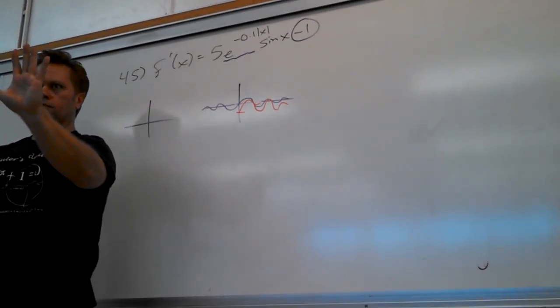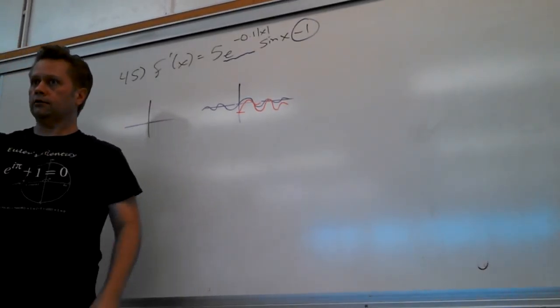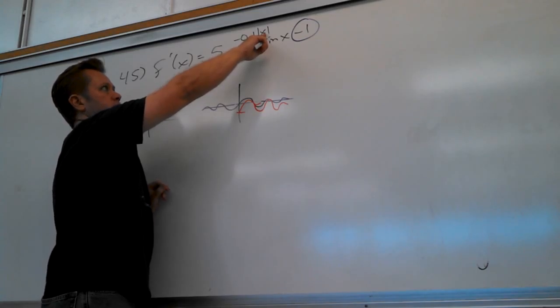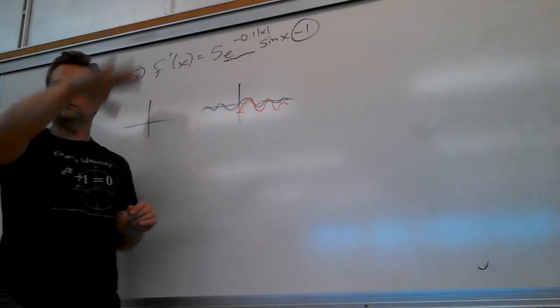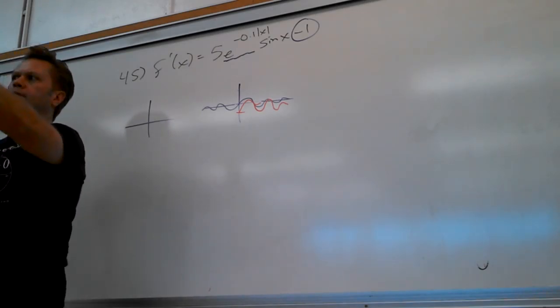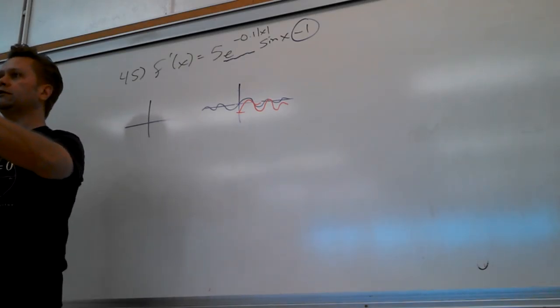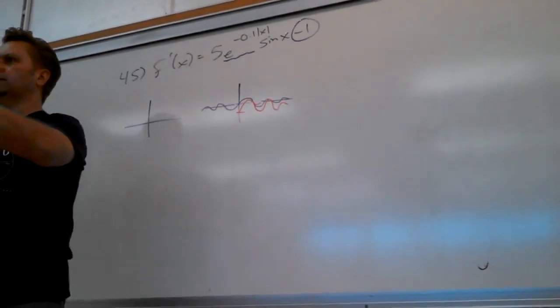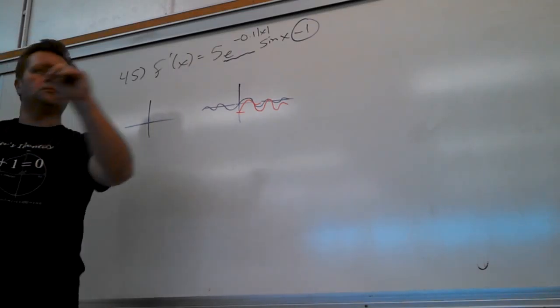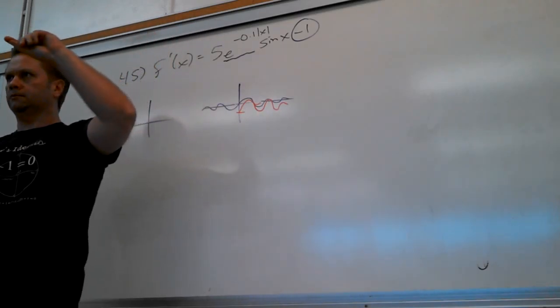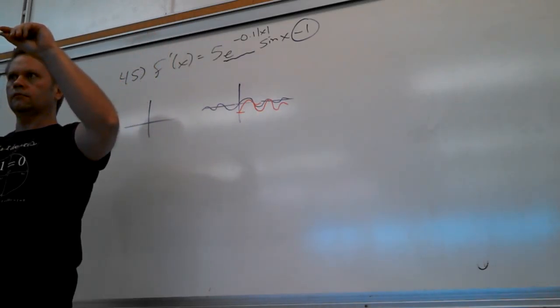Wait, how did you get the amplitude? So at 0, plug a 0 in. Oh, okay. e to the 0 is 1 times 5 is 5. So it's 5 sine x shifted down 1. At 0, the amplitude is 5. The function value is -1 because sine of 0 is 0. But the minute I get away from x in either direction, my amplitude is going to go down a little bit.